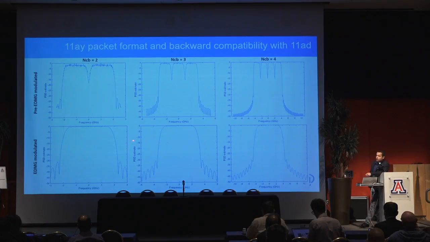This is how we do it in 11AD, but that's how we do it in every other Wi-Fi system that's trying to coexist, in this case with channel bonding. And this is what happens when you go to 3 channels and then 4 channels. Your preamble, the legacy preamble, the legacy device can detect, everything is going to work fine, and then you go to the payload and you get a much wider signal covering the entire bandwidth.